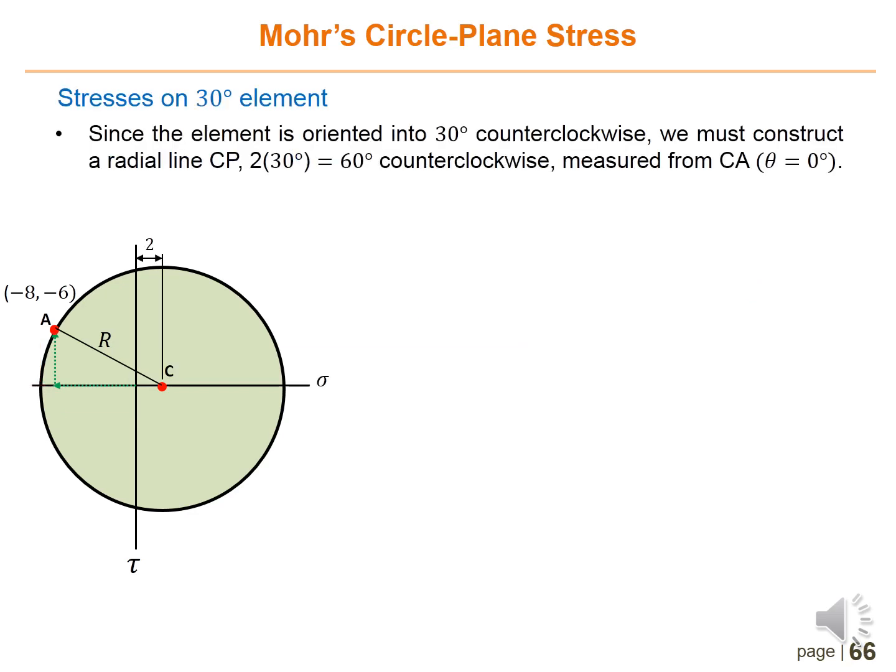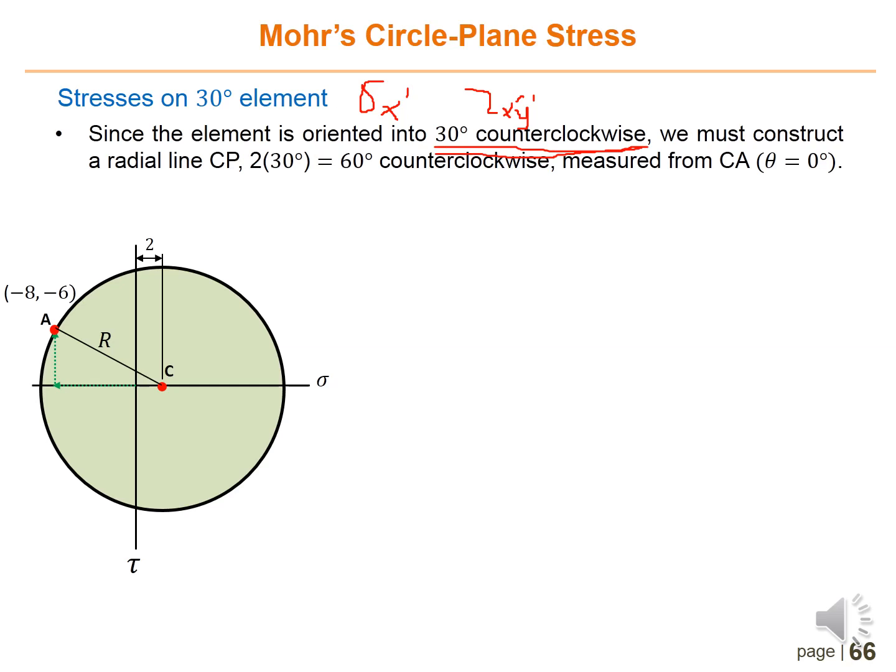So next you have to determine the stresses on the 30-degree element. That means you have to define the value of sigma x prime and tau x prime y prime when the element is oriented about 30 degrees counterclockwise.